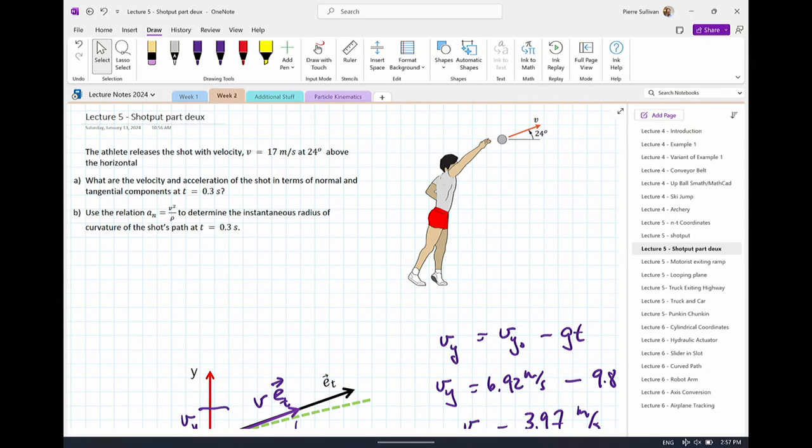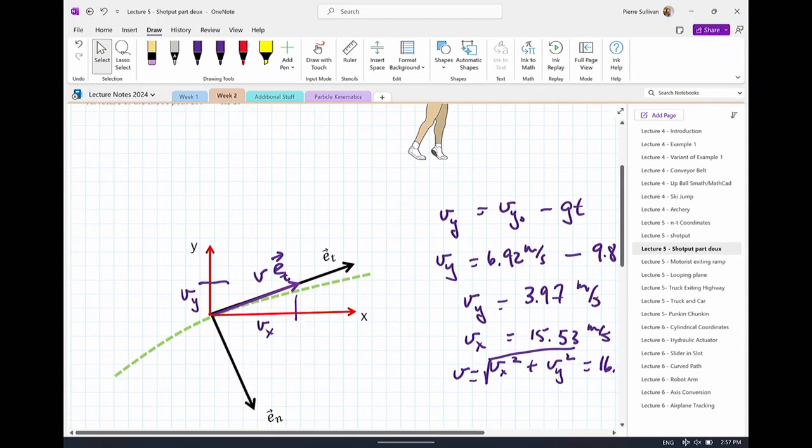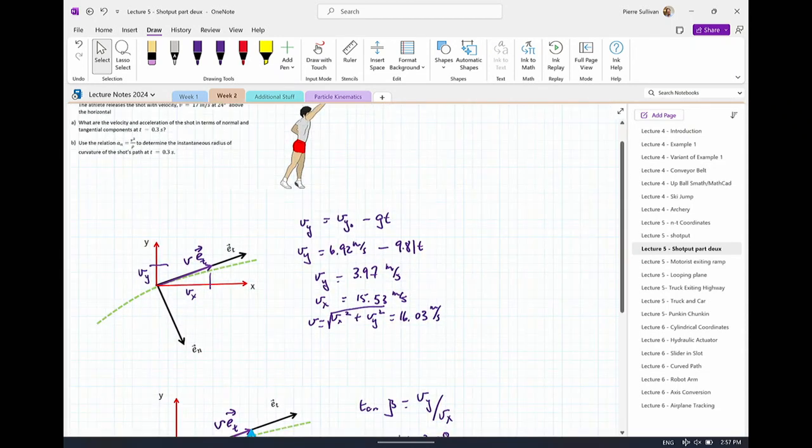I was given a constant acceleration, and because it's a constant acceleration, I can use this relationship, which is vy equals v naught plus gt, and I've put in negative, which I'm probably going to mess myself up with. Substitute in all the numbers, t is 0.3, and I get 3.97 meters per second, or 9.7 meters per second. Take the magnitude, and I will get 16.0.